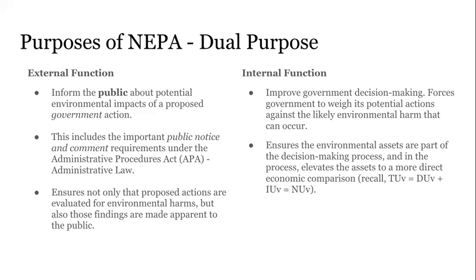So that's total use value is a function of the direct use values, the indirect use values, and the non-use values. That, again, should be a plus, not an equals NUV. So that's an equation that we talked about in the overview. And what I mean by that is that often the economists focus on those direct use values, something that we have direct markets for, where we have the dollars.